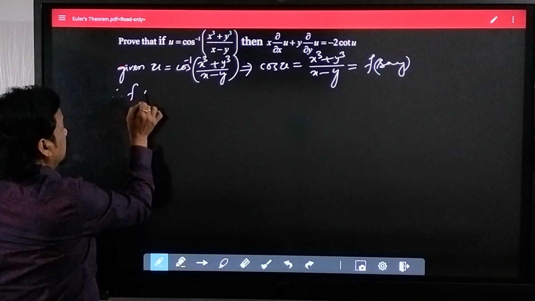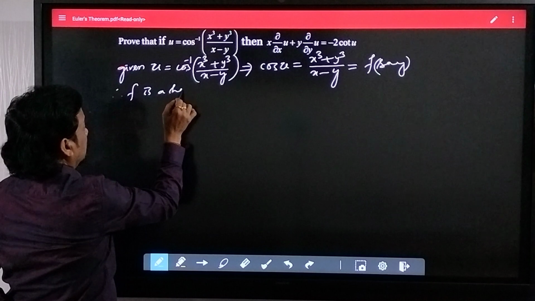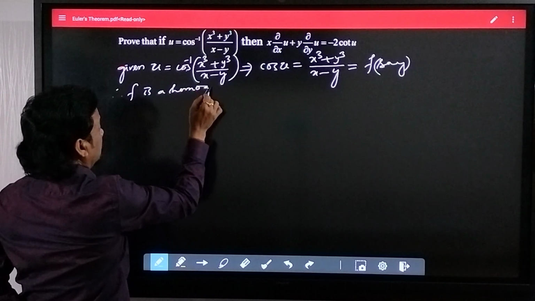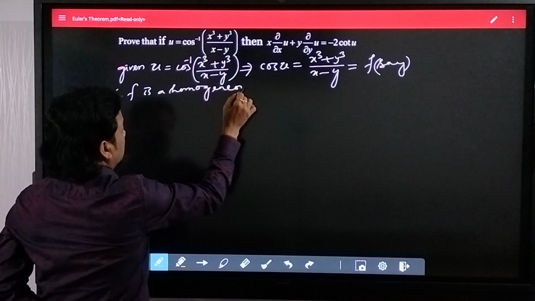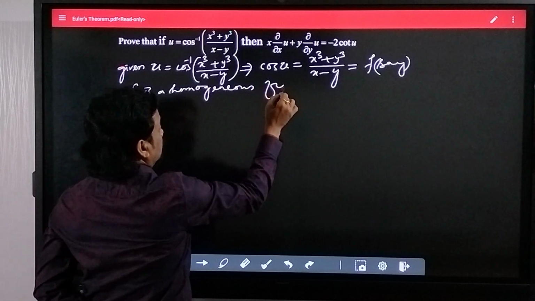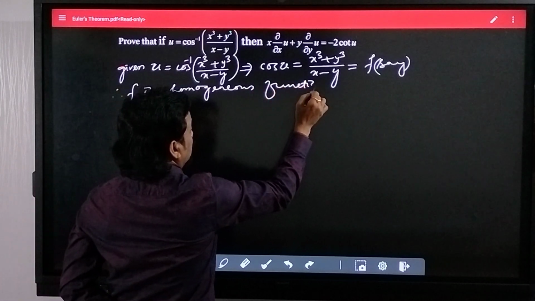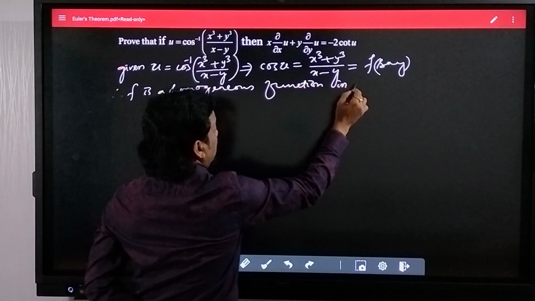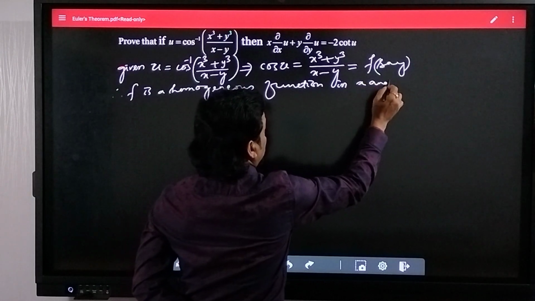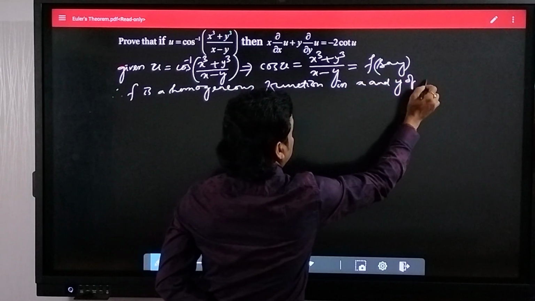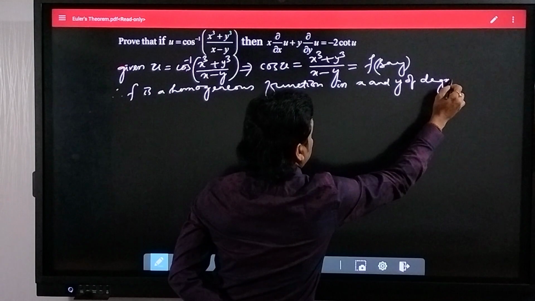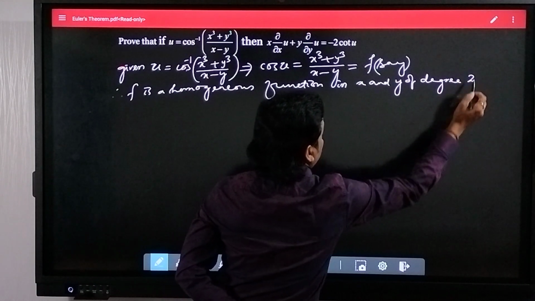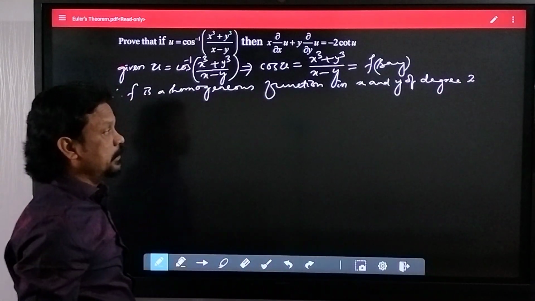Therefore f is a homogeneous function in x and y of degree 2, 3 minus 1 it is 2.